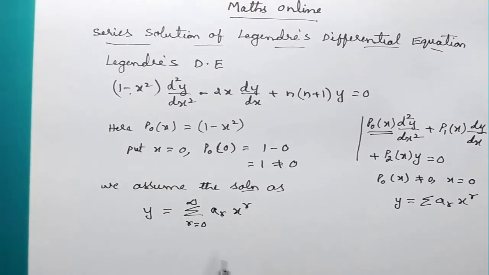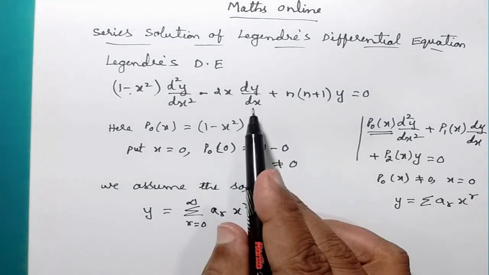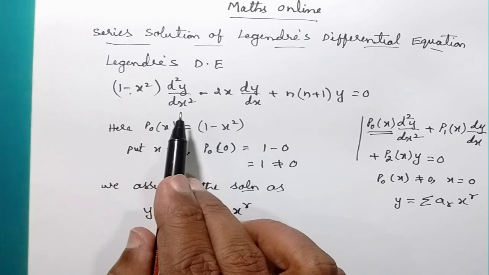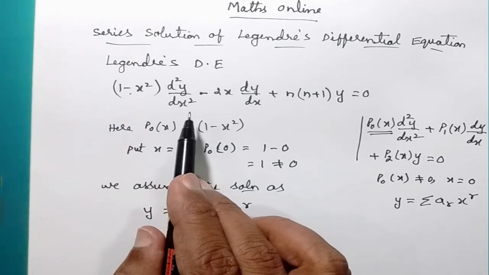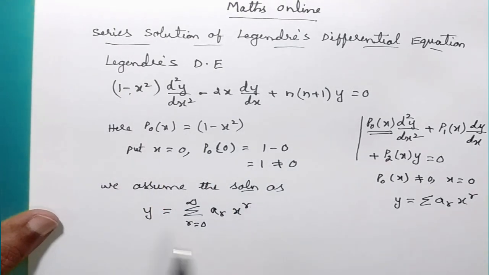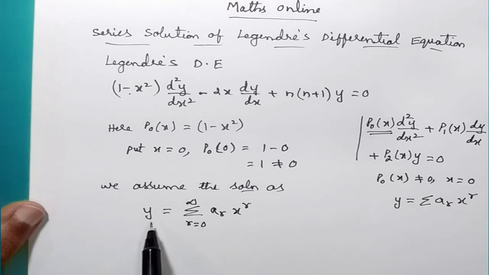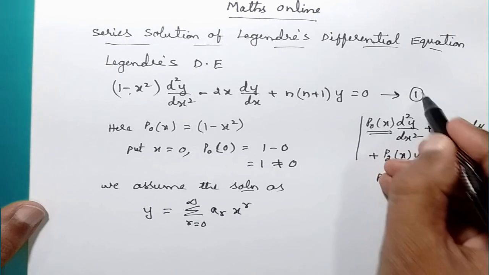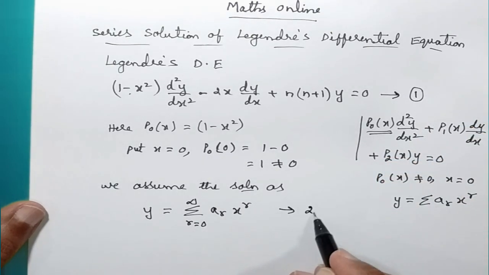This is the solution that we are assuming. So now we need to find out the value of dy by dx and the value of d square y by dx square. So let us try to differentiate this one. We'll take this as equation number 1 and the solution as equation number 2.